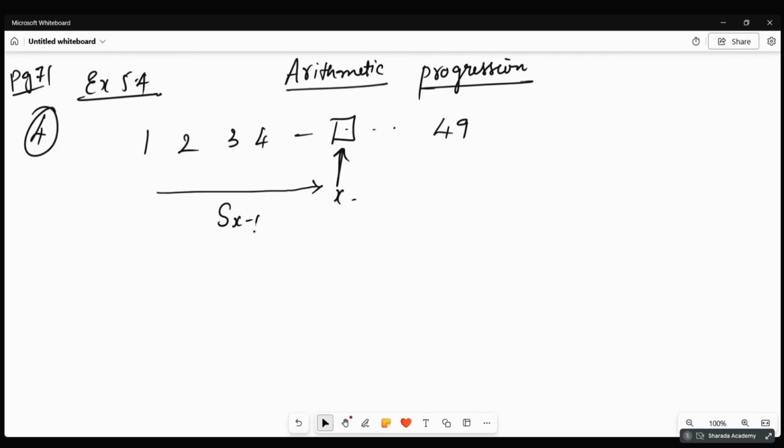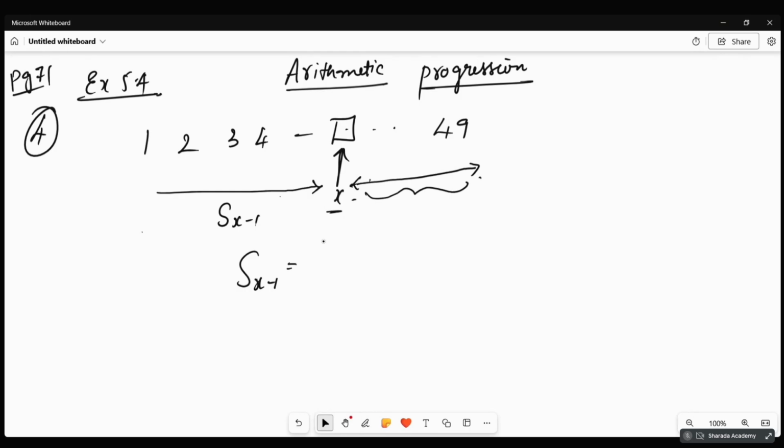S(x-1) is equal to the sum of the numbers of houses following it. Leaving the x here, if you add all other numbers, it should be equal. So, what is that x?